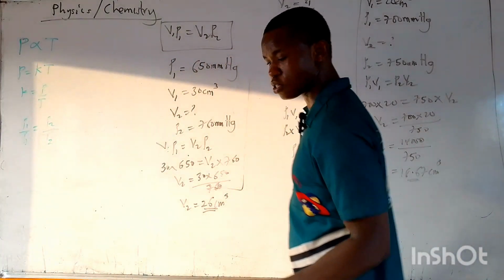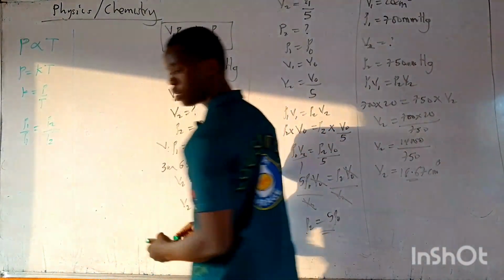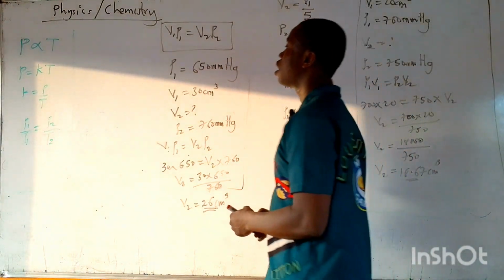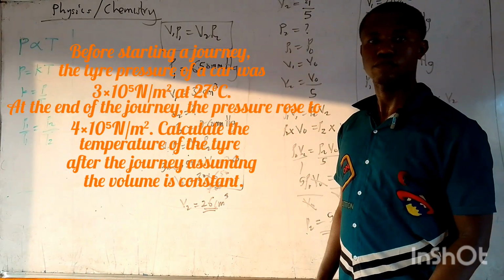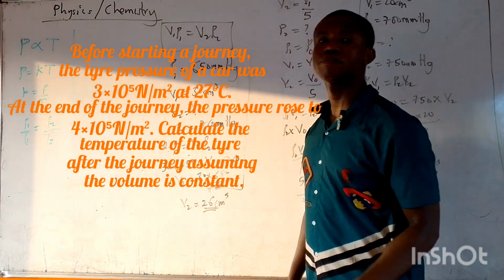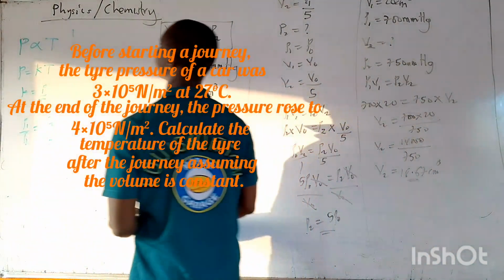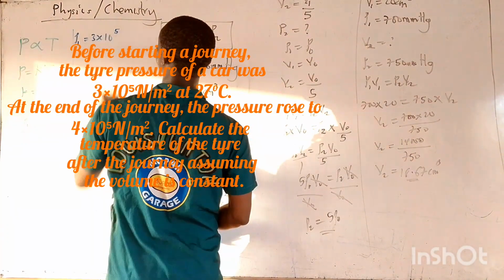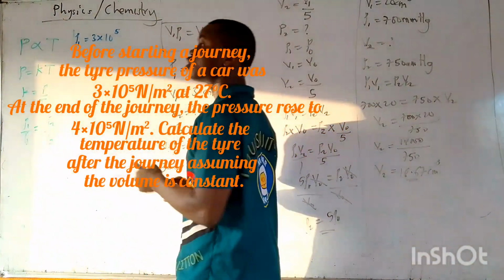All right, so let's see some questions. P1 is 3 times 10 raised to the power 5 Newton per meter square.